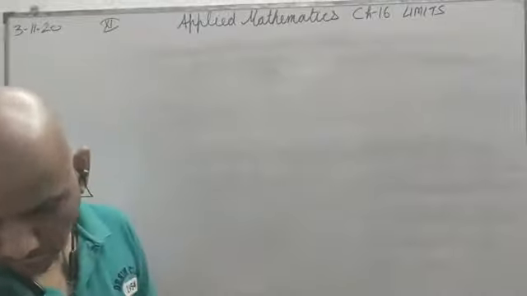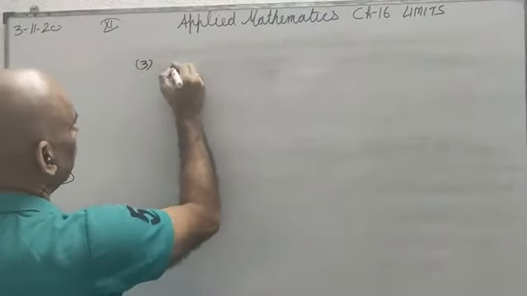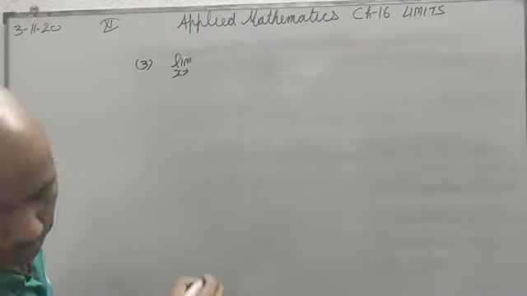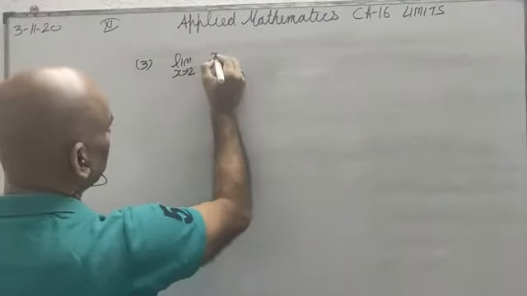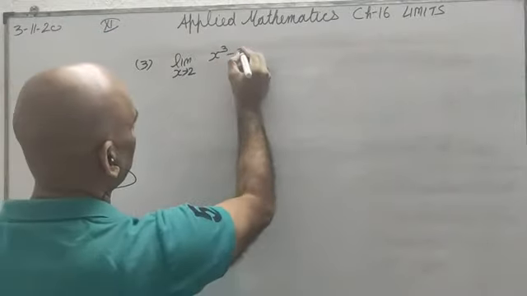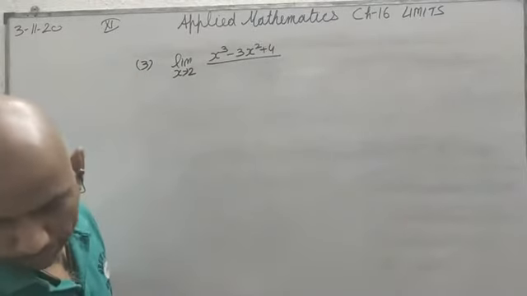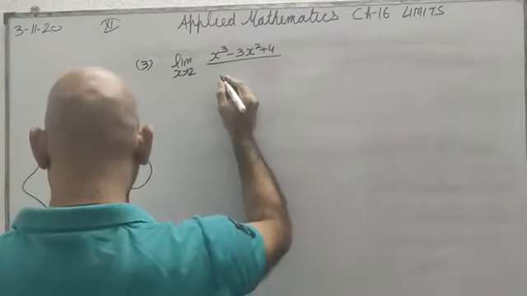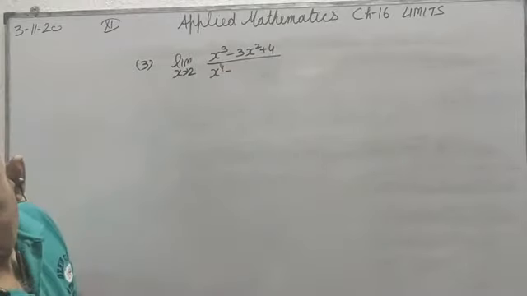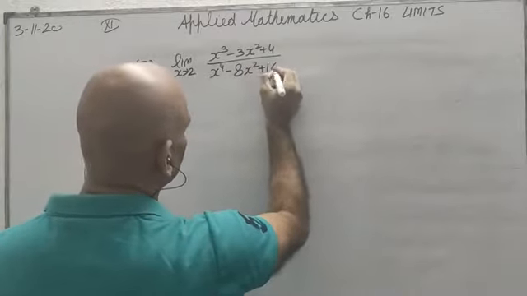For example, question number 3, limit x tends to 2, x cube minus 3x square plus 4 upon x to the power 4 minus 8x square plus 16.